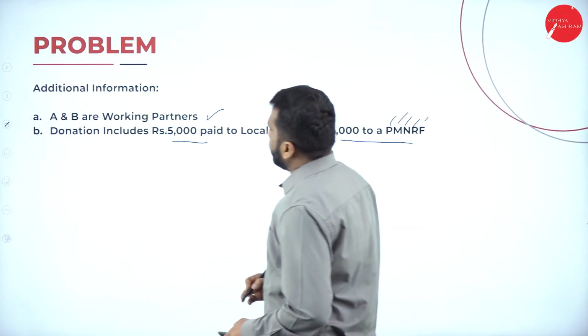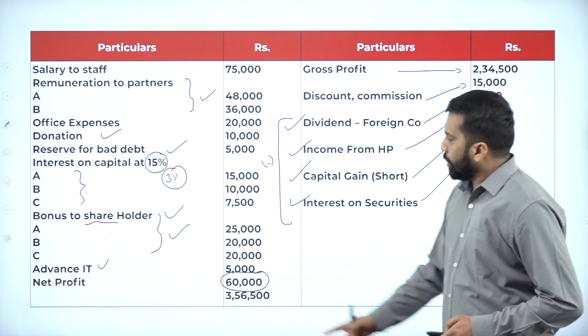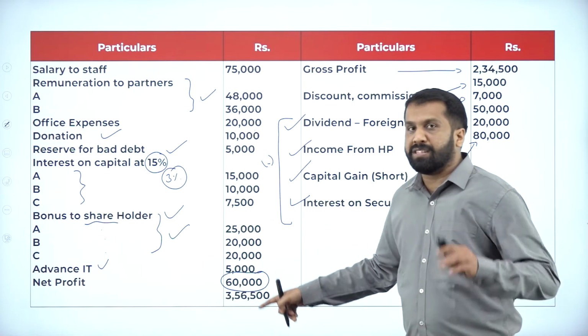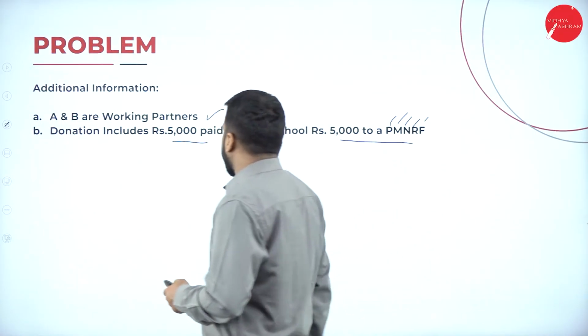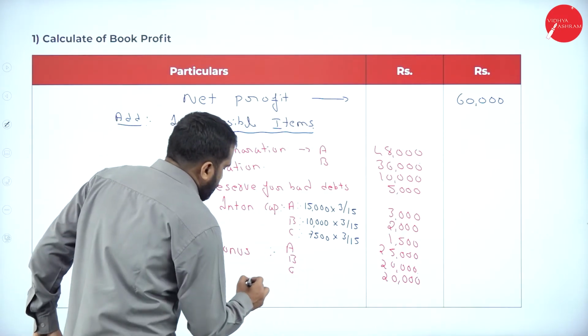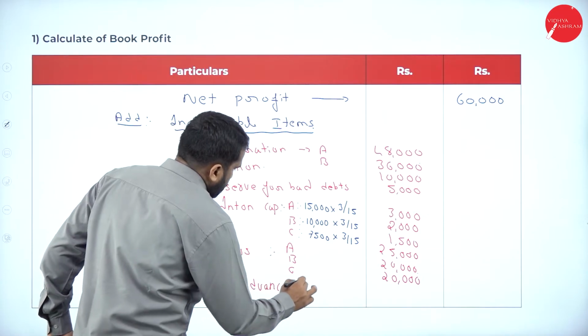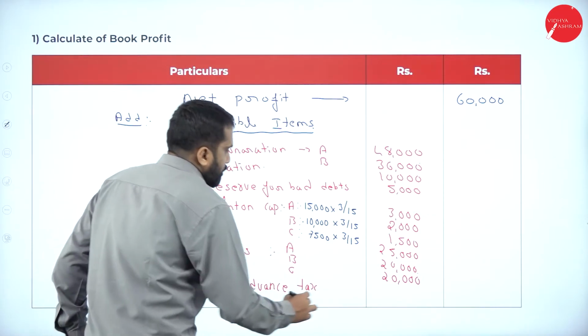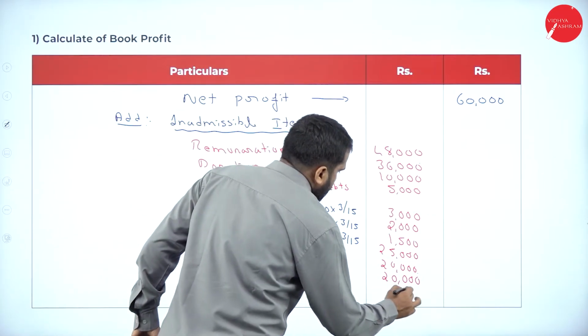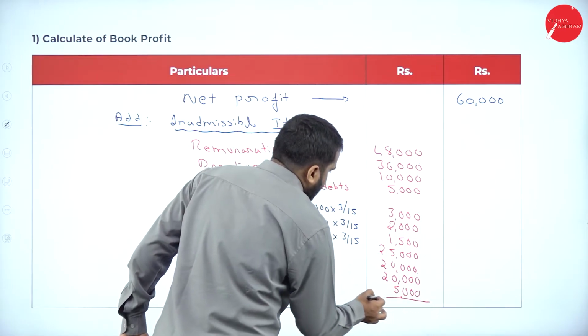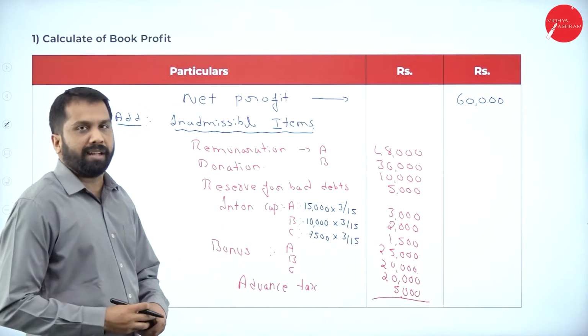Now, is anything else there to add? Yes, we have advance tax of rupees 5,000. Take advance tax. Advance tax, 5,000. Now we are done with all the inadmissible items.